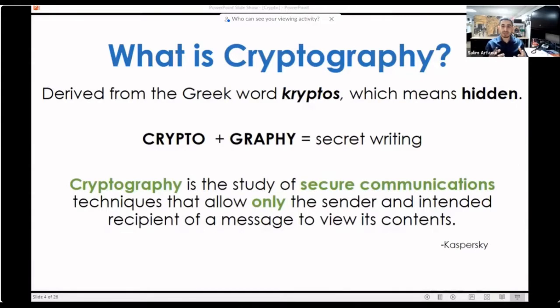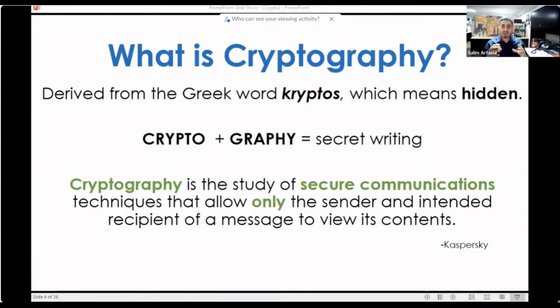Cryptography is a composite word, and the prefix crypto means hidden, like we said earlier, or secret. And the suffix graphy stands for writing. So in total, we're talking about secret writing here.